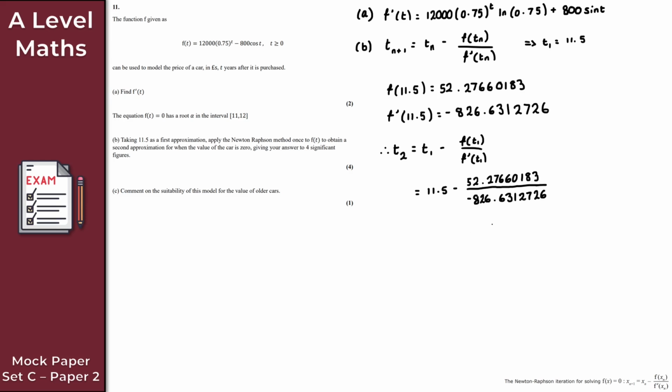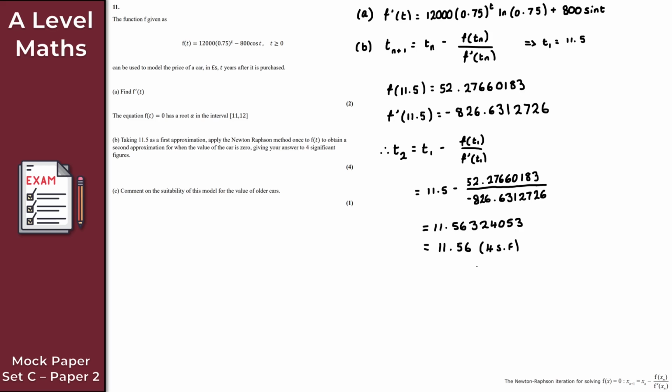And at this point here, just put all of this into your calculator. And if you do this correctly here, then what you should get is 11.56324053. And then, as the question asks for here, right, to 4 significant figures, what we're going to get here then is simply 11.56, right? So we get 11.56 there to 4 SF.